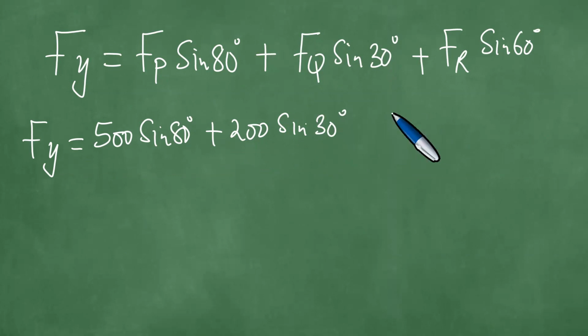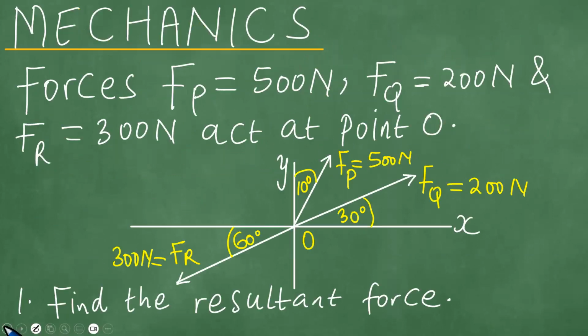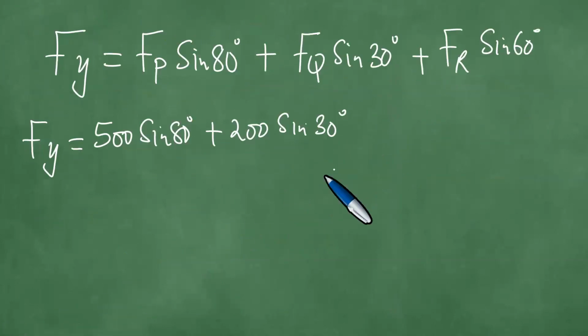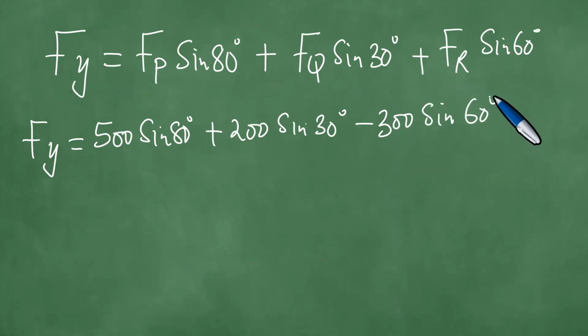Force Fr is on the negative side. Force Fr is this side. This side is negative, but also the vertical component is also negative. So negative 300, the sine of 60 degrees.